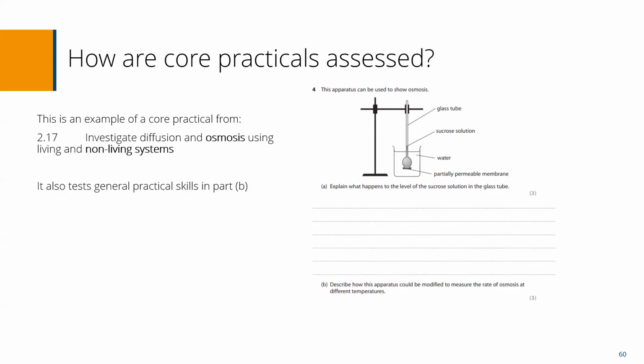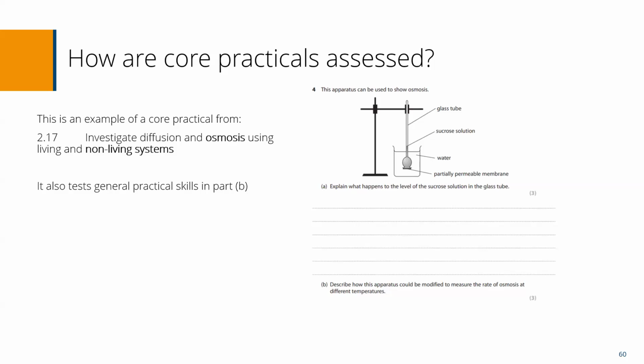Right, what's the question? Explain, command word, explain what happens to the level of sucrose solution in the glass tube. Well, I've just thought that through in my head, but it's an explain question. So I might get 1 mark for saying it goes up, but then I've got to explain why it goes up. Then: describe how this apparatus could be modified to measure this at different temperatures.